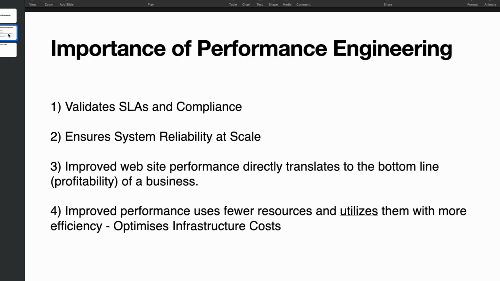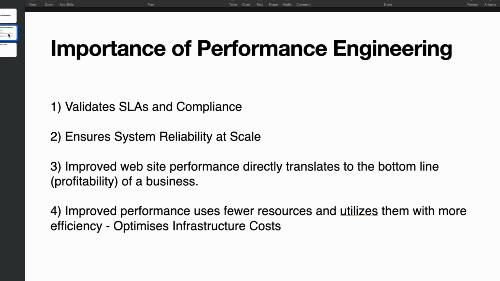At such a level of scale, will your system be capable of handling such high workloads or not? That is why you have to ensure that your system is reliable at scale. Reliability means whether you can trust your application at scale.